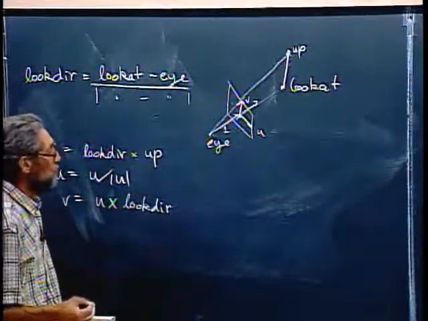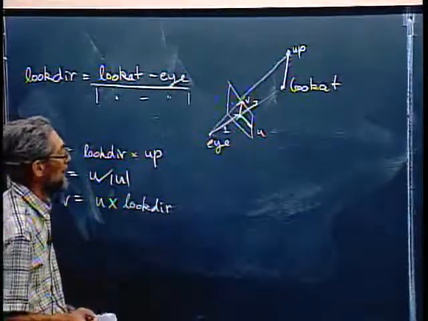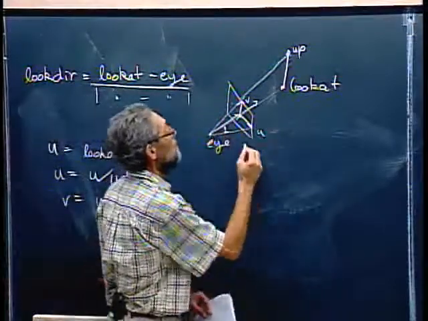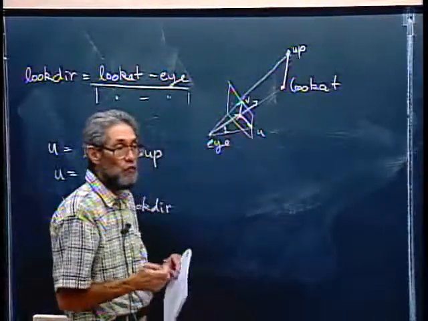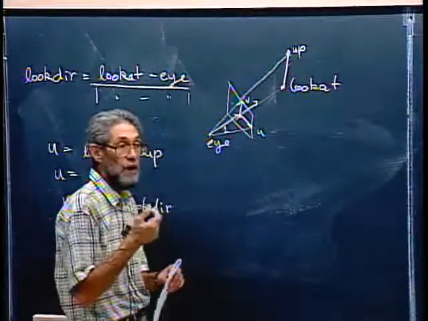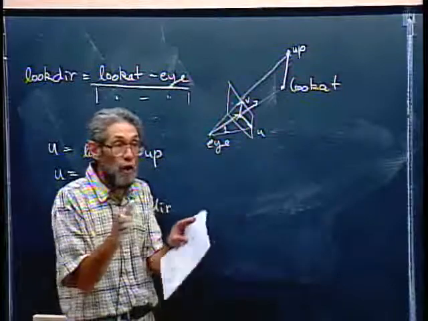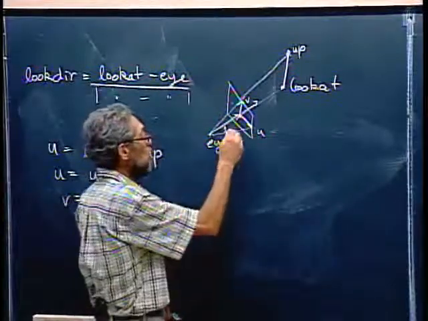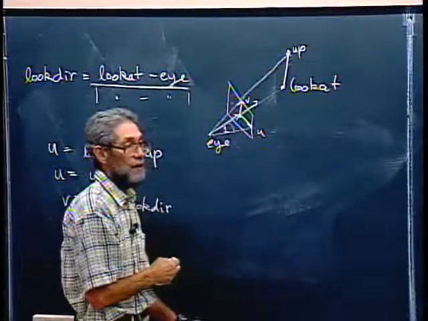Okay, so there's one other thing that the user specifies, and that is basically this angle. Because if you change the zoom or focal length of a lens, you can get a wide angle or small angle. So you want to specify this angle.